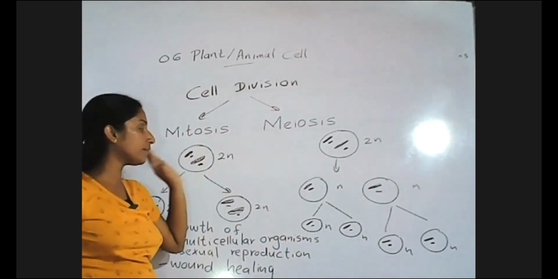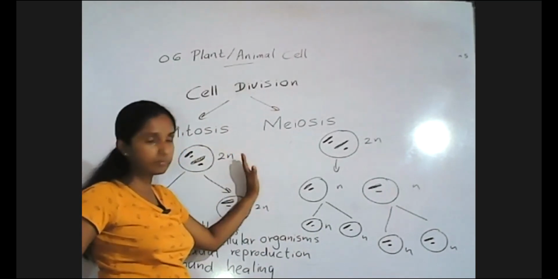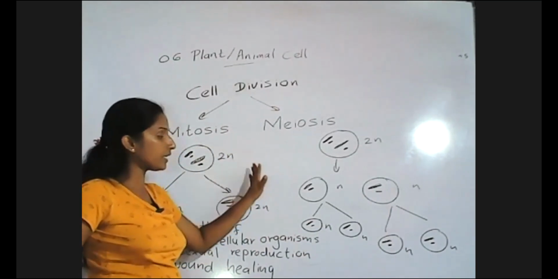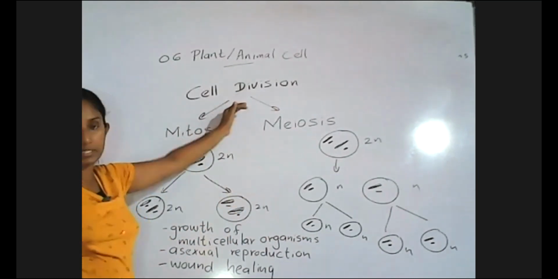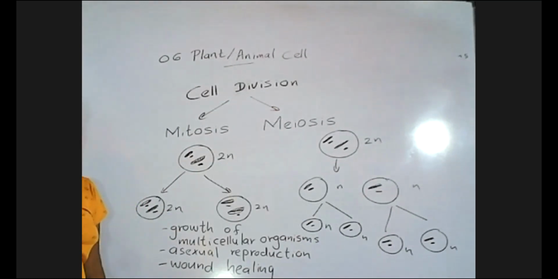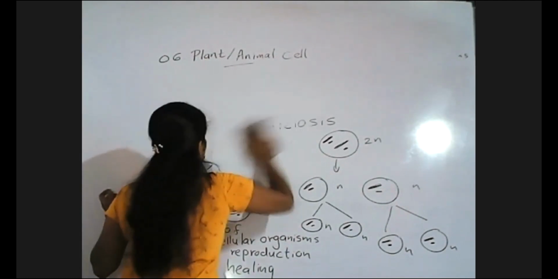Most probably at least one question is given from this part, so it is very important to remember this about cell division. Then we will move to the next part.